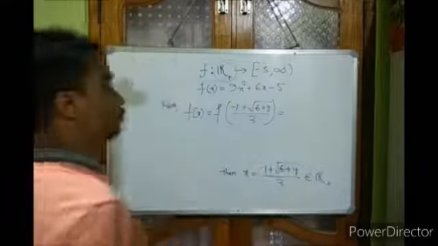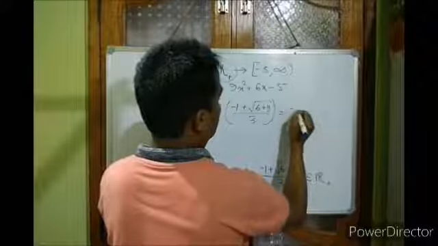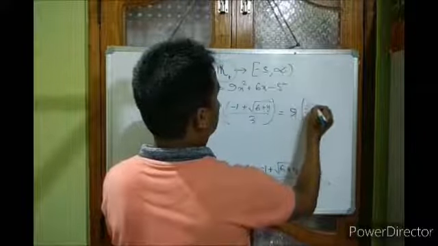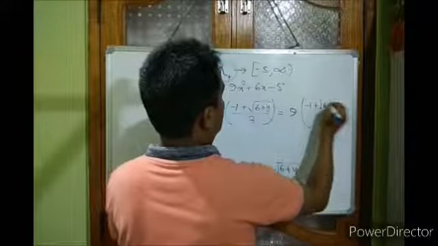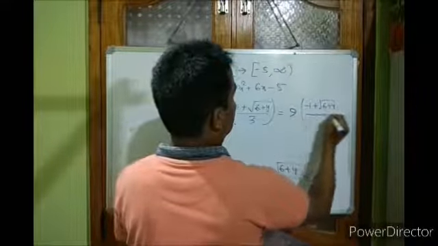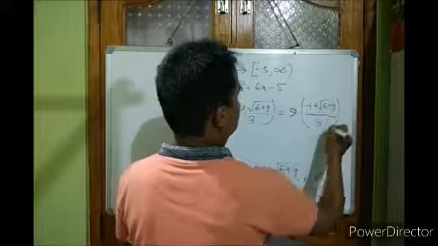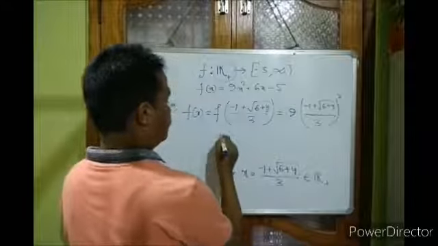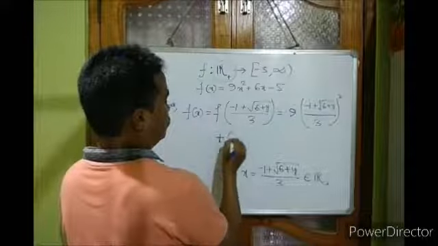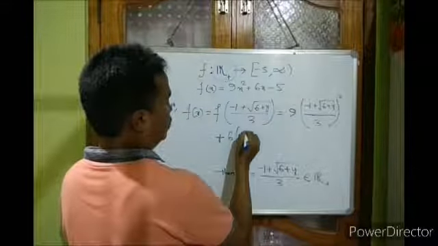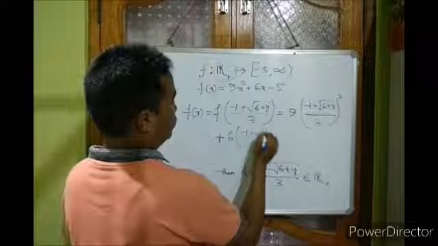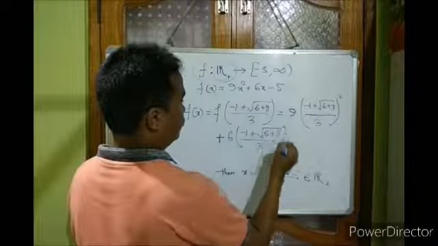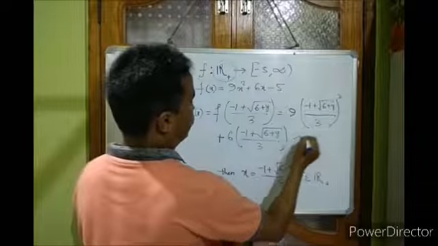is equal to 9 into minus 1 plus root over 6 plus y by 3 whole square plus 6 into minus 1 plus root over 6 plus y by 3 minus 5.